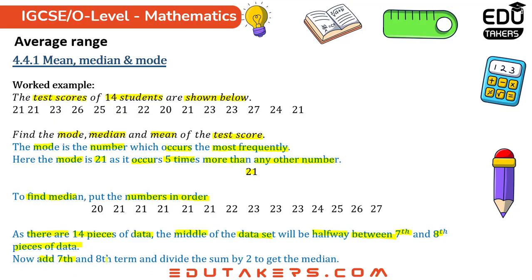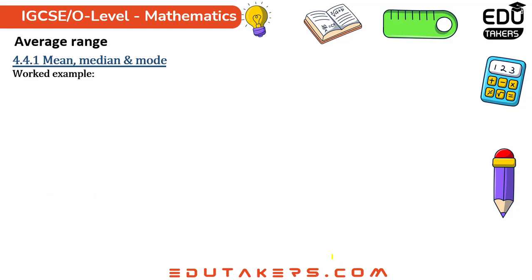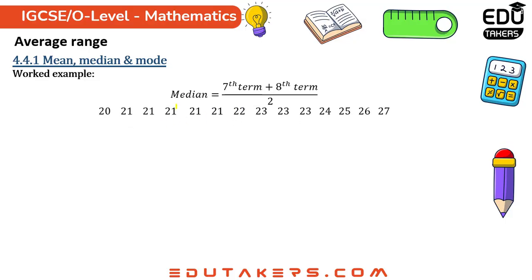Now add the 7th and 8th terms and divide the sum by 2 to get the median. The 7th term will be 1, 2, 3, 4, 5, 6 and 7. This is the 7th term and this is the 8th term. So 22 plus 23 over 2 equals 22.5.